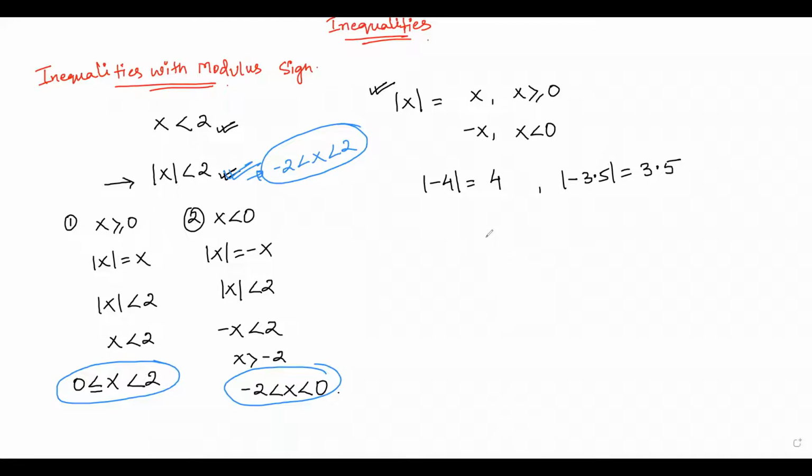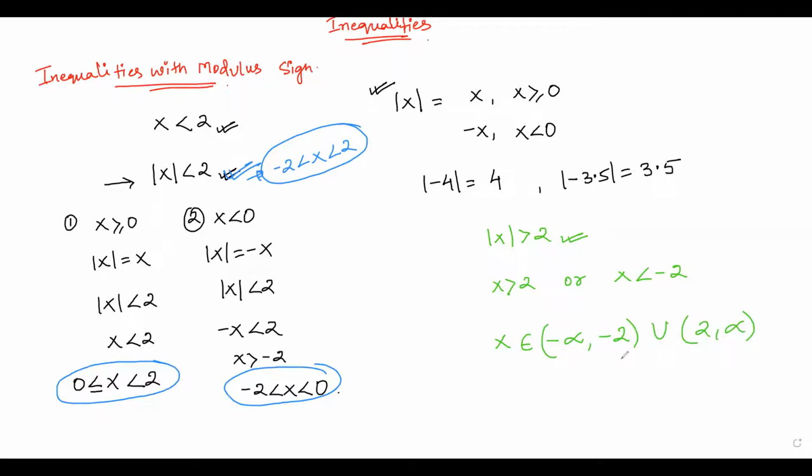In a similar way, if we consider mod of x to be greater than 2, in that case, the range of values of x for which this inequality holds true would be simply x greater than 2 or x less than minus 2, which can be written as x belongs to minus infinity to minus 2 union 2 to infinity.